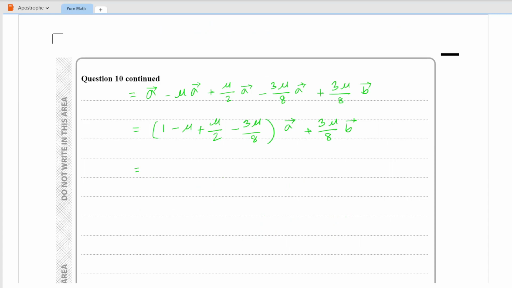And if you simplify it, you're left with 1 minus 1 plus mu over 2 minus 3 mu over 8, that is 1 minus 7 mu over 8, a plus 3 mu over 8 b. This is my second equation.